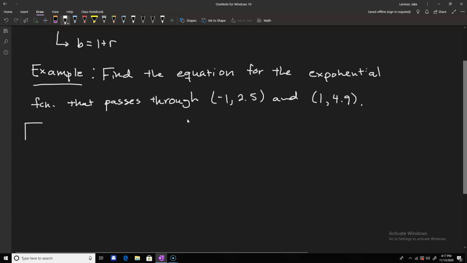So remember, what we basically want to do is plug both of these into the y equals ab to the x form. And I suggest that you plug the one with a larger x value in first.